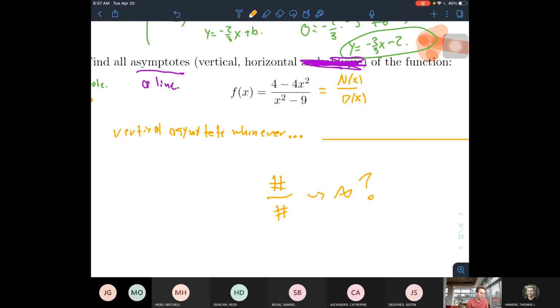Wherever the denominator is going to 0, right? Of course, there's a small caveat for that, which is that the numerator should also not be 0. Because if the numerator is 0 and the denominator is 0, then we have some other kind of behavior. Can someone tell me what kind of behavior we have when the numerator and the denominator are both 0?